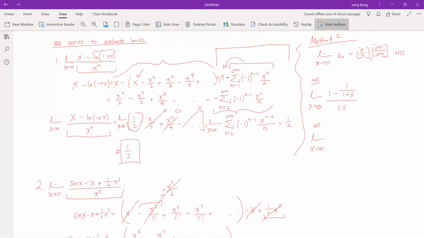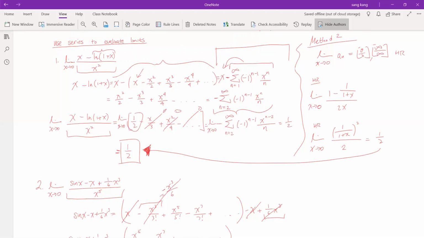So we'll have 0 minus, actually this would be 1 over 1 plus x squared now. The negative will cancel out, and then the denominator will be 2, right? So now if we apply the limit here, we have 1/2. And this matches our answer that we got using the definition of the series.